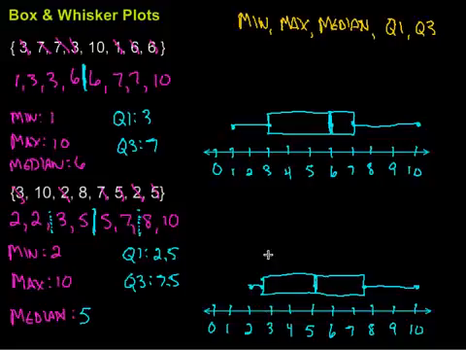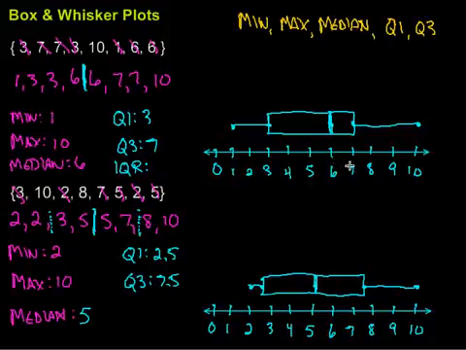So it kind of gives us a visual of how concentrated or spread out the data is at different sections of the number line. Also, another thing that we can find from box and whisker plots is the interquartile range. Well, the interquartile range is the difference between the third quartile and the first quartile. It's essentially the length of the box.